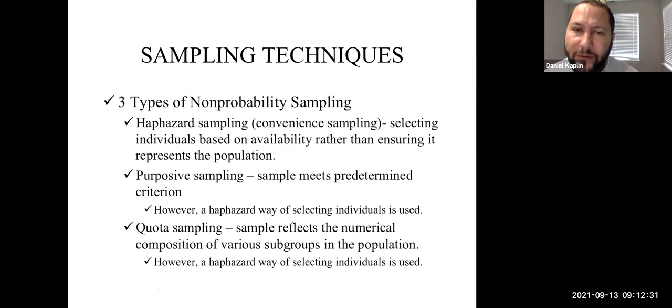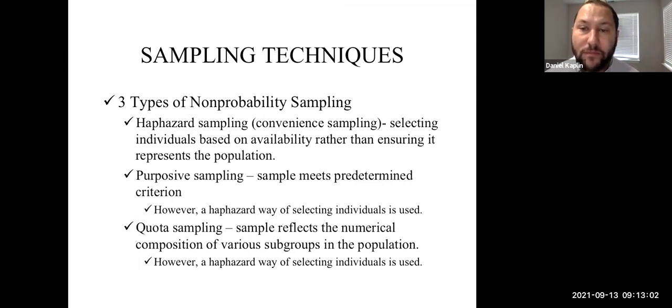So non-probability sampling, the likelihood of being selected is an unknown, right? So the most common form is haphazard sampling. You might hear it referred to as convenience sampling. And in convenience sampling, you just take volunteers, whoever you can get. Now, I said to you that the most common way we do research is actually non-probability sampling.